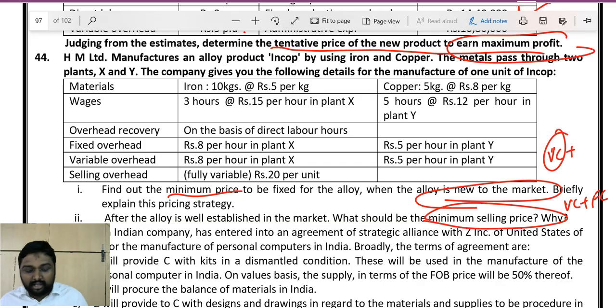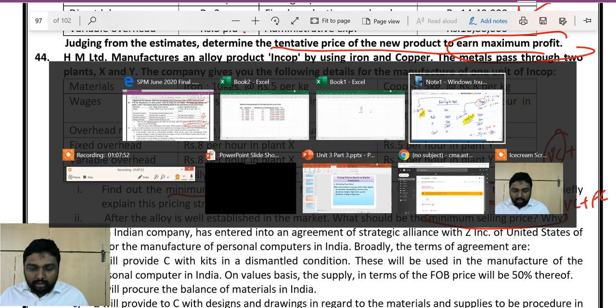That means we can cover our fixed expenses also. So we will find out the variable cost and the fixed cost, everything. Are you ready? We will do this in Excel, or we will do it this way.